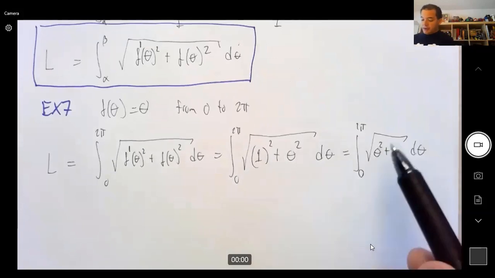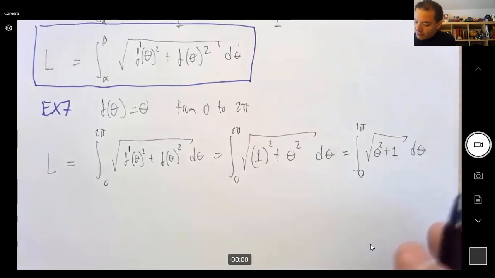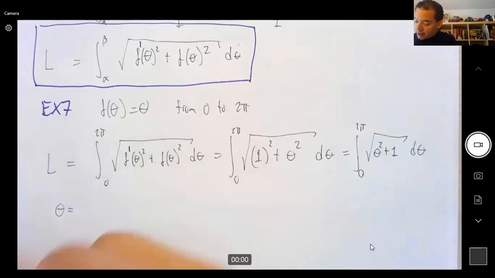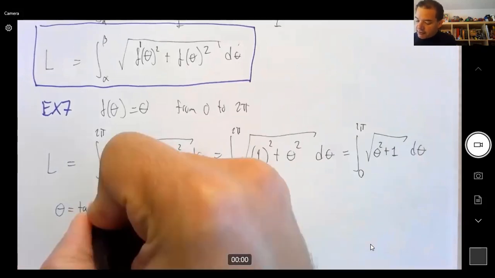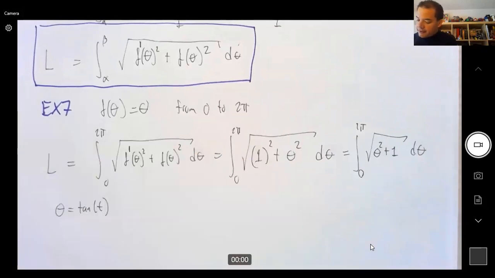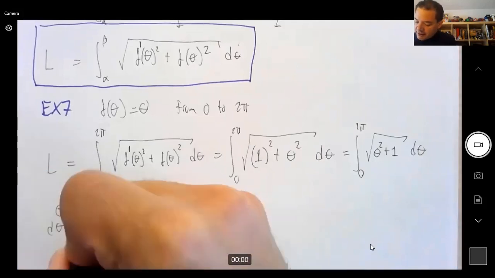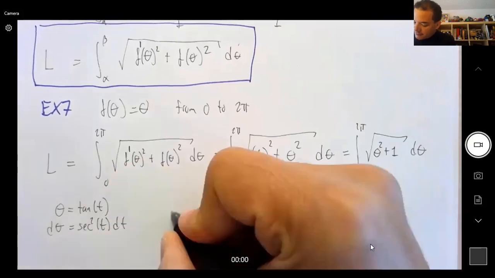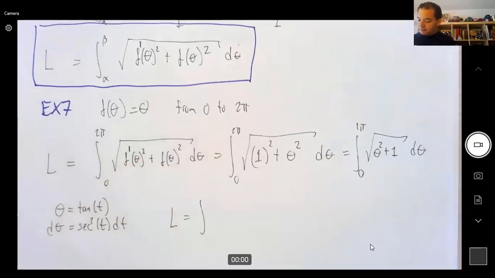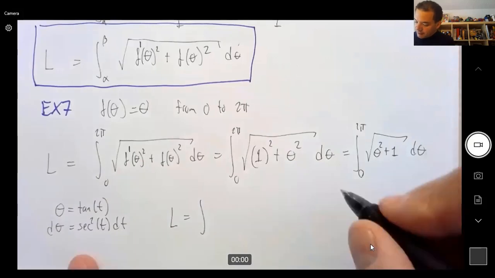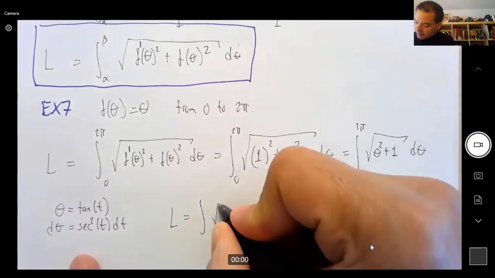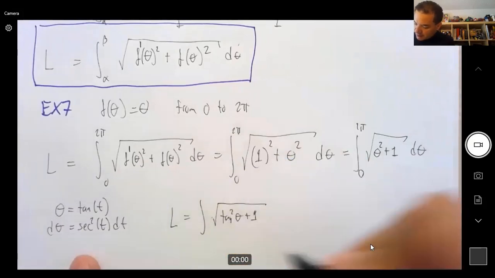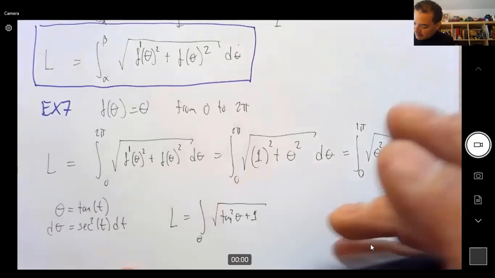The trigonometric substitution you want to do is theta equals, we usually use theta, so this time I'll change it a little bit and use t, so theta equals tangent t, so then d theta is secant squared t dt, and then my integral becomes the square root of tangent squared plus 1.